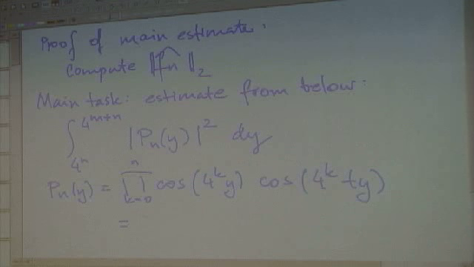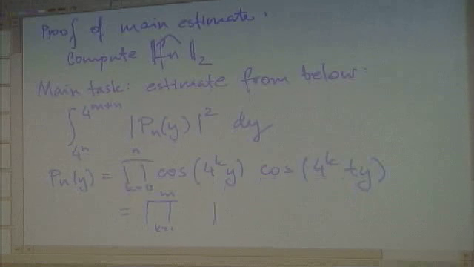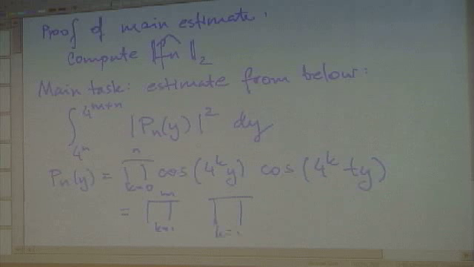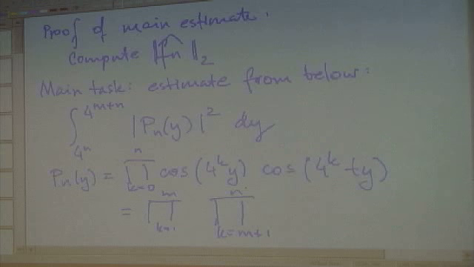They split this into a product from k equals 1 to m times the product from k equals m plus 1 to n. This is going to be the first part, and this is going to be the second part. And then they do different things for those two different parts.